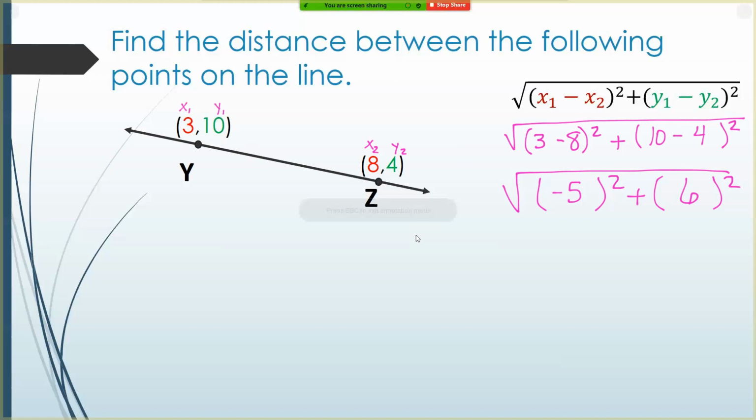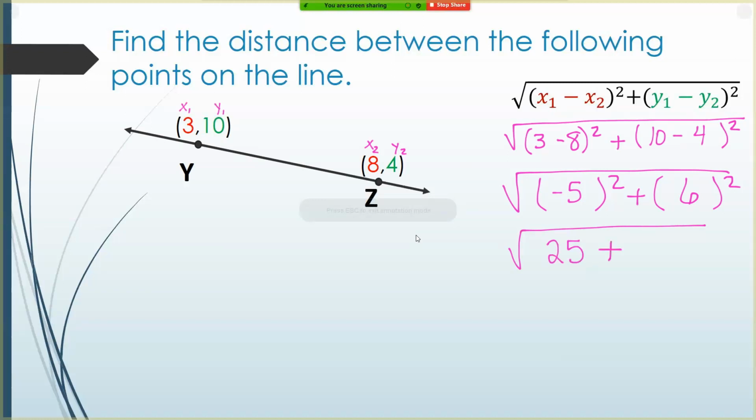Now I can't do anything inside my parentheses, so I'm going to square both terms. I'm going to take negative 5 squared. If you're using a calculator, you must put this negative 5 in parentheses before you square it, because that means negative 5 times negative 5, which is 25.